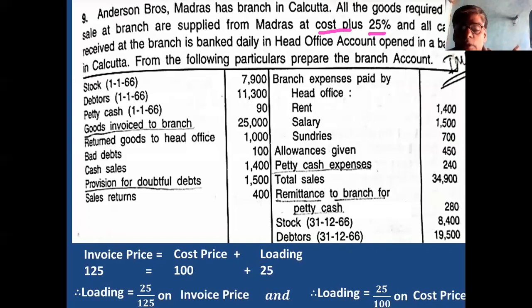The first equation, the invoice price equation, is used to remove the loading. And the second equation, the cost equation, is used to add loading to the cost while recording entries in the branch account or your final account. These two points you remember very carefully.